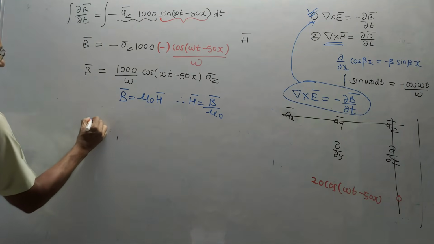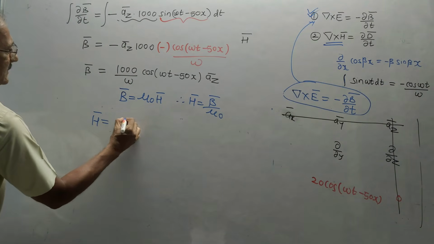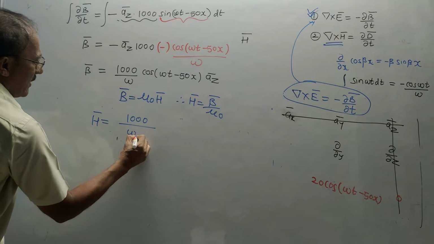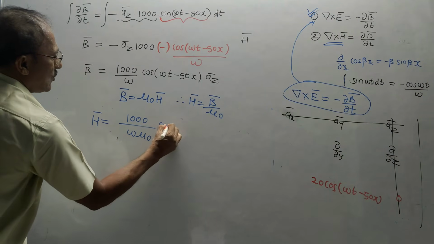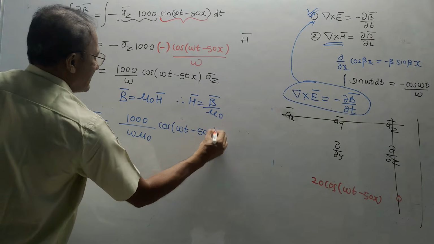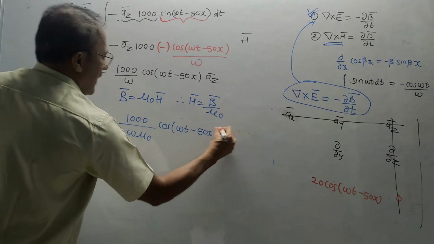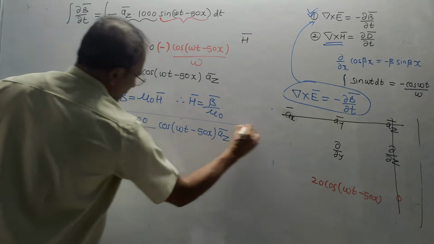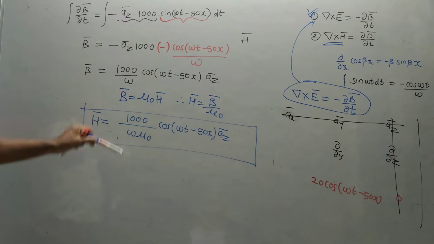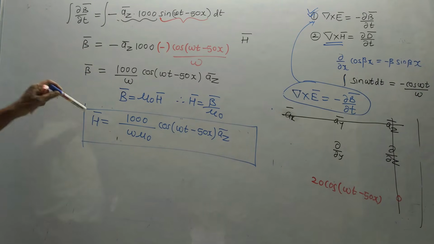So the final answer can be written as H bar is 1000 upon omega mu 0 cos of (omega t minus 50x) AZ bar. This is the value of H bar. Now H bar is the magnetic field intensity. So that's what we did, the calculation of H bar.